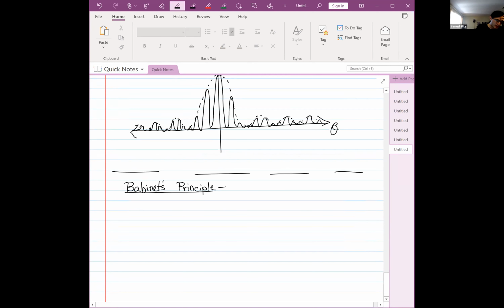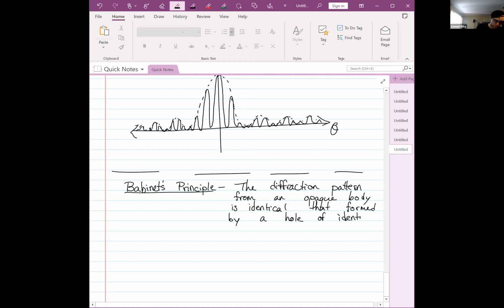So Babinet's principle is just that the diffraction pattern from an opaque body is identical to that formed by a hole of the same shape, of identical shape and size, aside from the overall intensity.